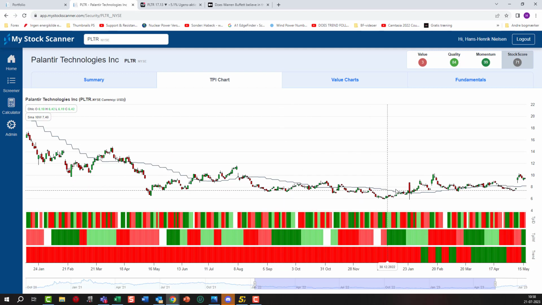Meanwhile, it went from around 25 down to the 6 area here, so it was cut down by 25%, and then it started to make higher bottoms here on the chart, and we started to get some green trends. Now I am waiting for a green like this, and then a green candle, so we have a good up day.